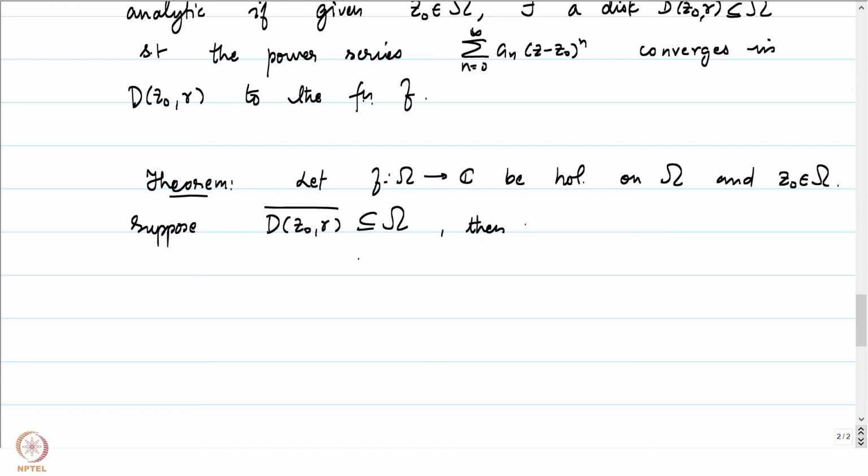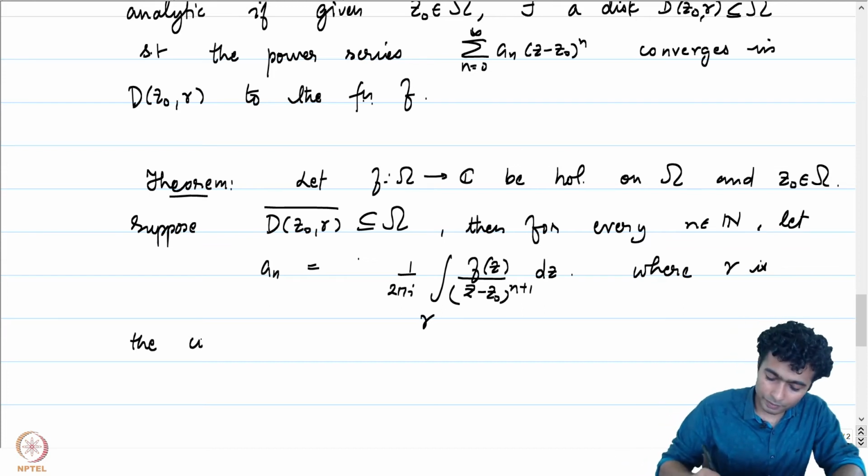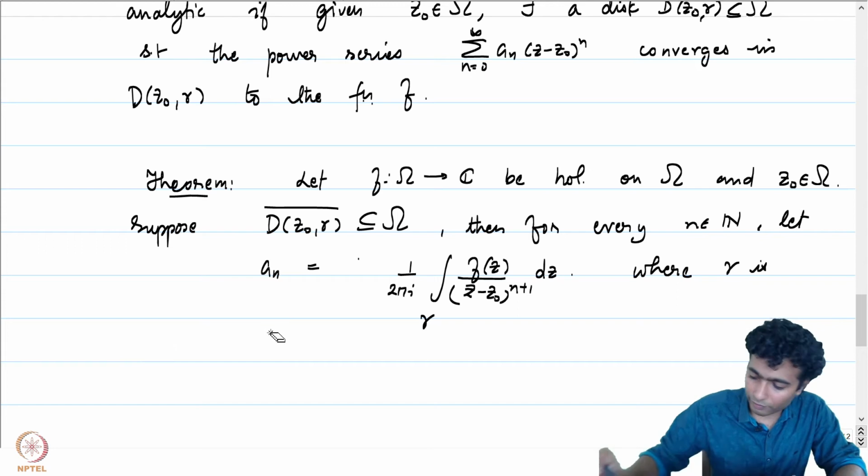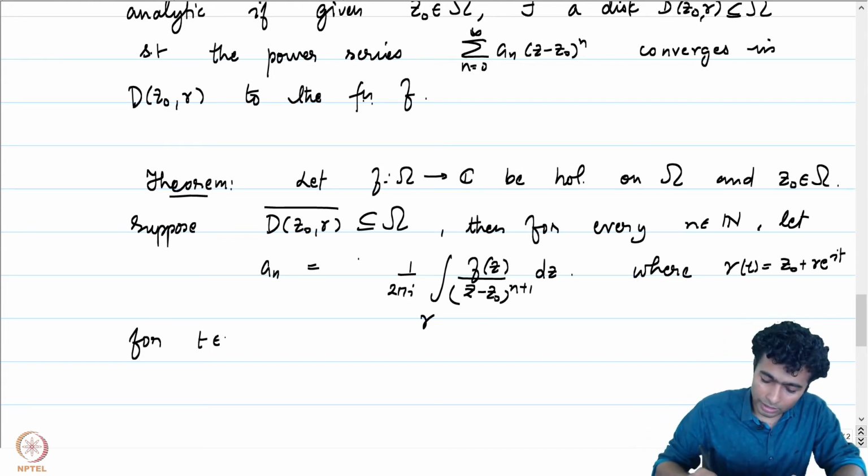Then for every n in the natural numbers, let a subscript n be equal to 1 by 2 pi i times the integral of f of z by z minus z0 to the power n plus 1 dz over the curve gamma, where gamma is the circle of radius r around z0, with gamma of t equal to z0 plus r e to the power i t for t in 0 to 2 pi.